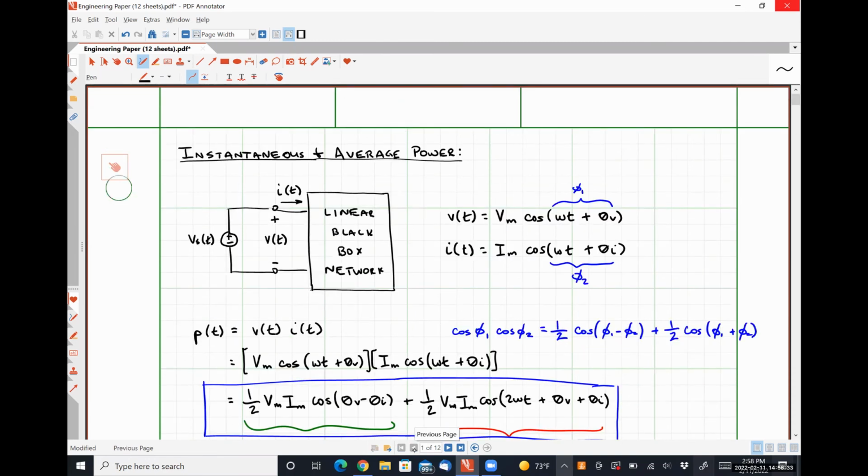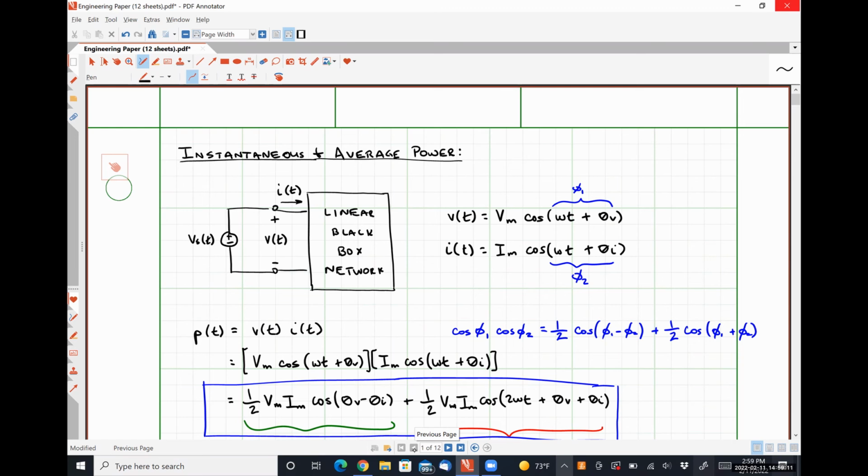So if theta V is equal to theta I plus 90 degrees, when we put in theta I plus 90 degrees for theta V, in that first part, we have theta I plus 90 degrees minus theta I, which is just 90 degrees. So what's the cosine of 90 degrees? It's 0, right? So that means our whole DC portion goes away.